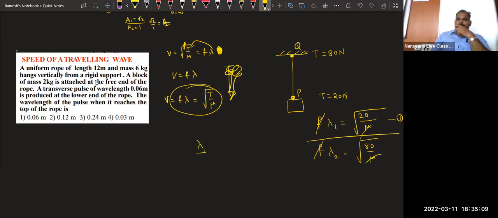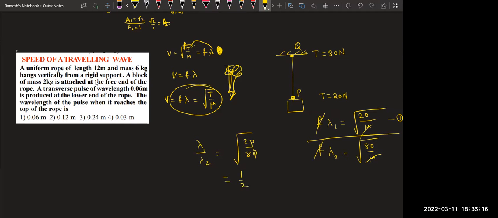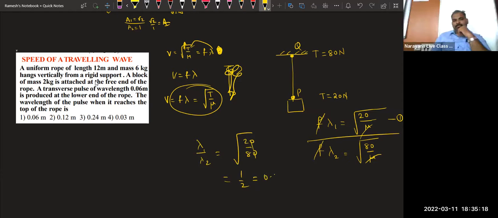So lambda 1 by lambda 2 equal to how much? Under root of 20 by 80. 0 cancels, 1 by 2. 1 by 2 means 0.5.